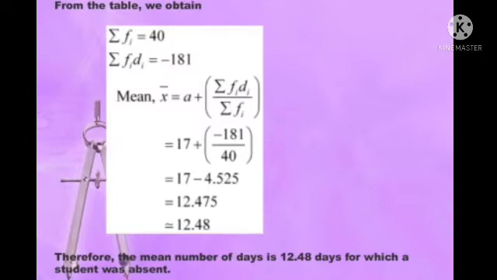That is equal to 17 minus 4.525. That is equal to 12.475. That is equal to 12.48. Therefore, the mean number of days is 12.48 days for which a student was absent.